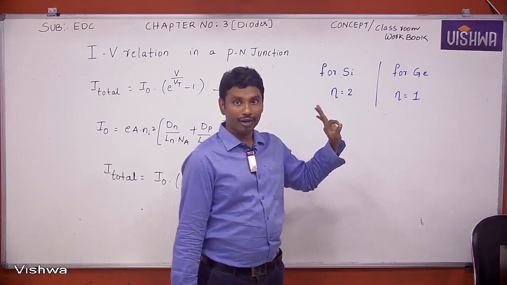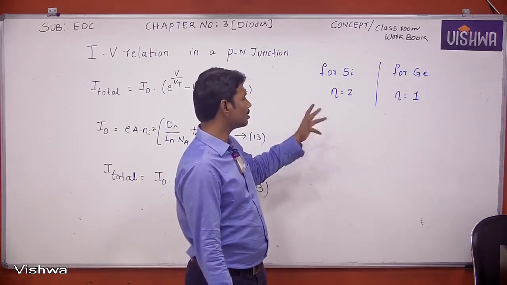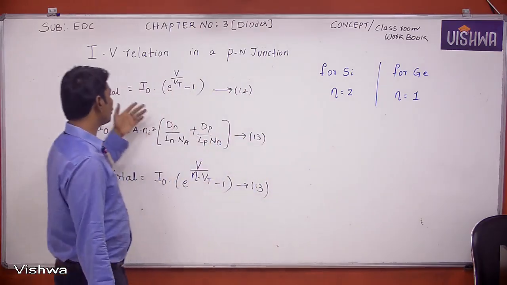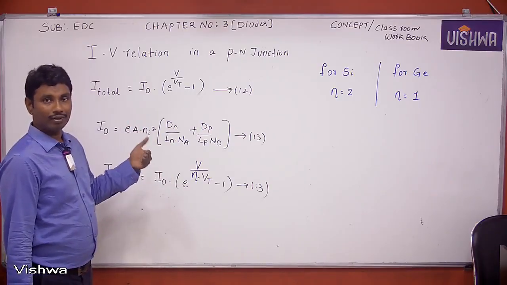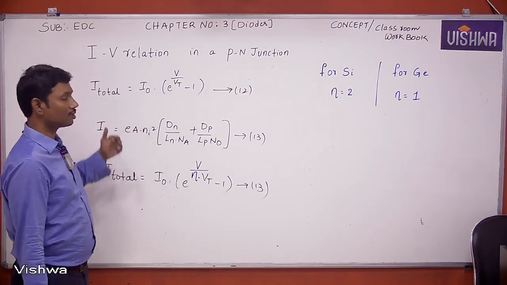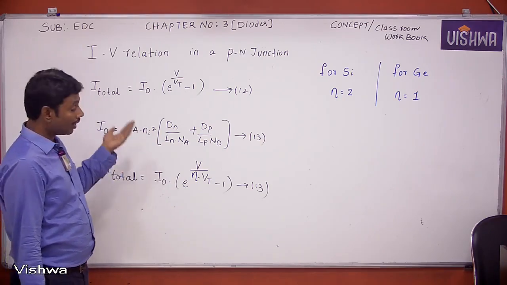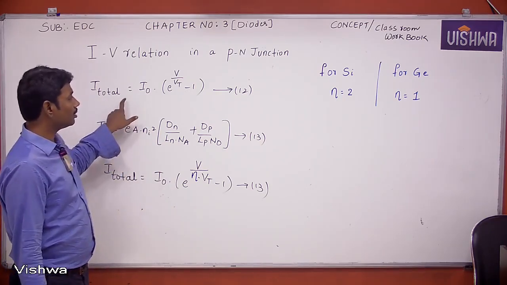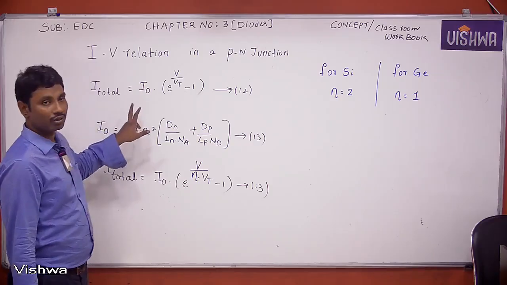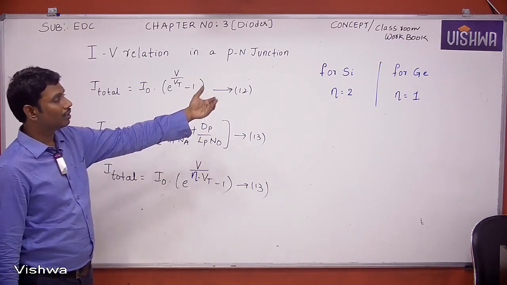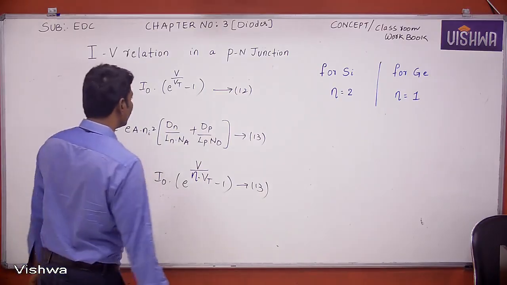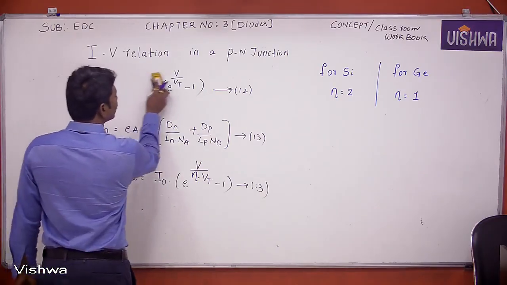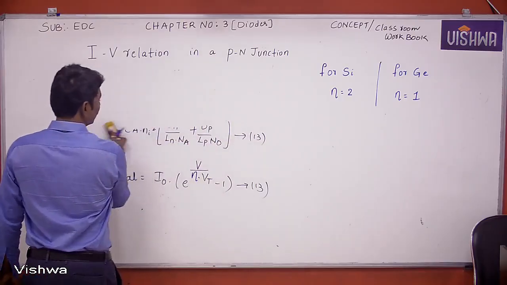At high currents, we consider equation 12 only, whether it is a silicon diode or a germanium diode. This is also a very important point. The eta values of 2 and 1 apply at low currents, so only at low current will these differences occur. At high current there is no problem, there is no error. The theoretical and practical values match for silicon if you consider equation 12, but at low currents there will be some error. That's why we consider eta equal to 2 and eta equal to 1. Important point here. And next one, calculation of V.